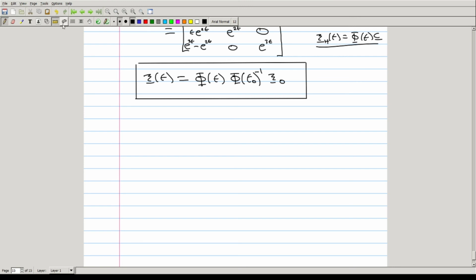We do have some major properties that the matrix exponential has and shares with the normal exponential function.